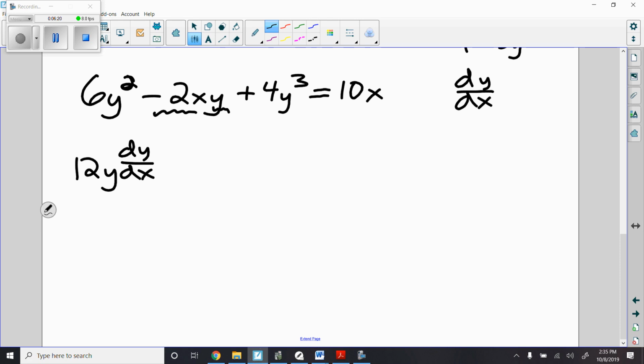Now, what I want you to think about, oftentimes students miss a sign here. I want you to think of the first term as negative 2x, and I want you to think of the second term as positive y. Okay? If you don't do that, then we're going to need to use parentheses. Okay, let me show it to you without parentheses first.